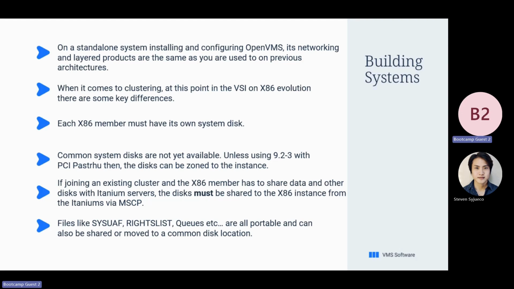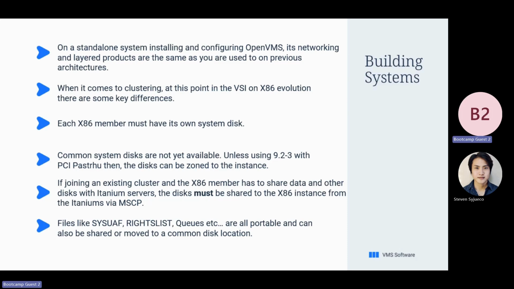Common system disk folks right now have everything in SYS$COMMON, and when you bring in your x86 you could define logicals to point to the SYS$COMMON on the other disk. But if you're using direct access storage or things like that, it would be beneficial to have that moved. It will save you a lot of grief going forward. So we do recommend that.